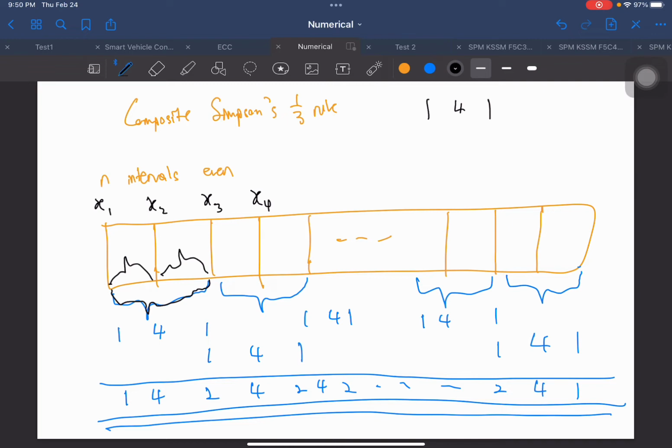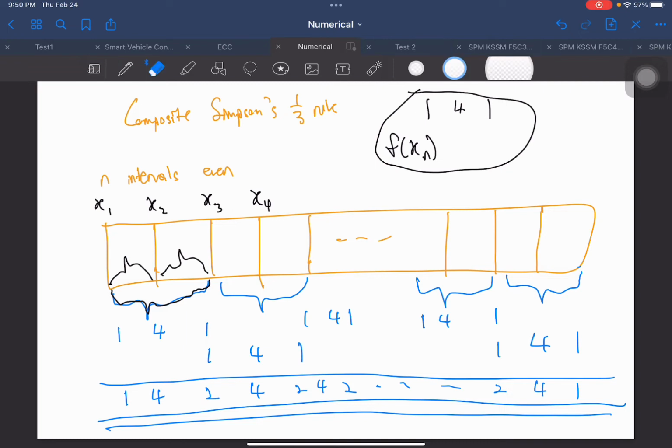We have proved that in the simple case, the coefficients of the function values are 1, 4, 1. So we divide the n into pairs, each giving 1, 4, 1. Now you just add up the coefficients. You get 1, 4, 2, 4, 2, 4, 2, dot, dot, dot, 4, 2, 4, 1.